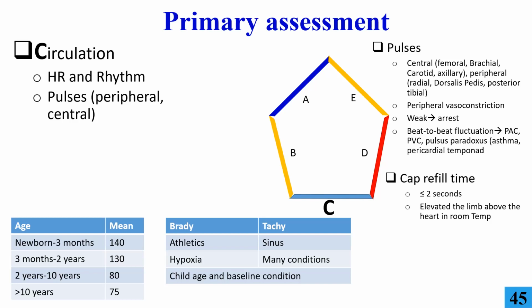Now, pulsus paradoxus, where the chest is a little bit inflated, pressing on the heart and changing the heart rate. Remember, they can cause pulsus paradoxus. What is pulsus paradoxus? Do you guys know? Anybody knows what pulsus paradoxus is?